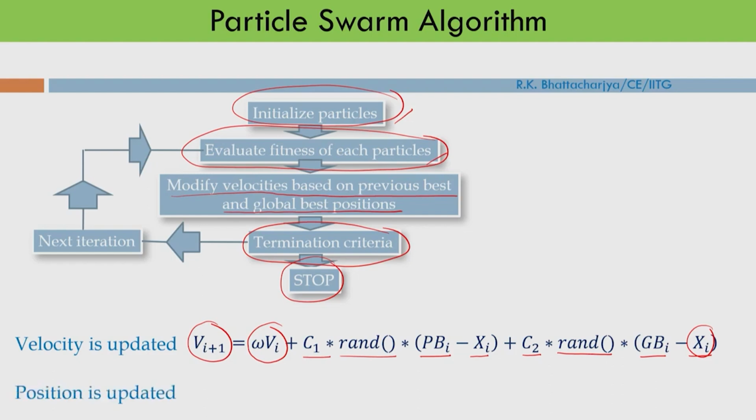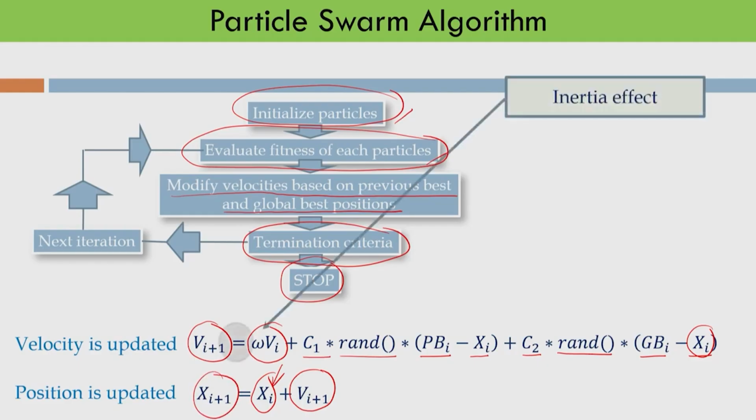Once you get the new velocity, we can calculate the new position, which is equal to x_i plus v_(i+1). So this is the previous location, and this is the new location, x_i plus v_(i+1).